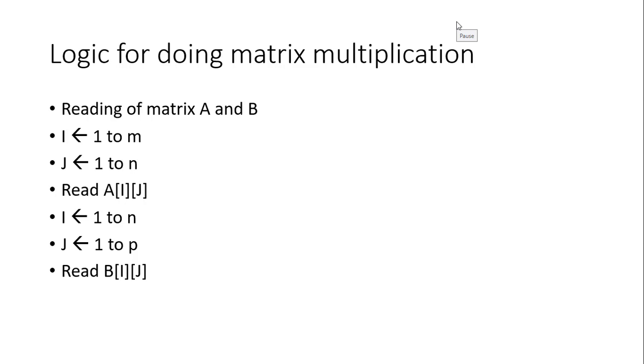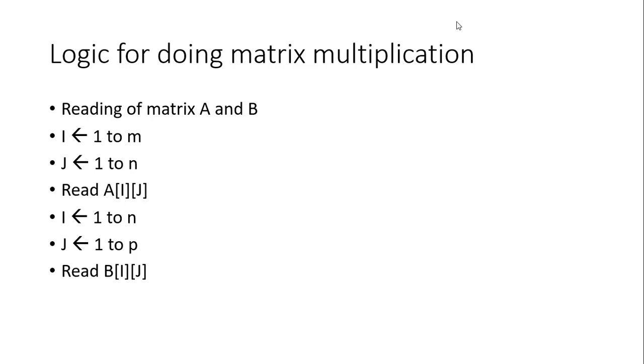The first loop with the index I is varying from 1 to m, where m is the total number of rows on the first matrix A, and the next loop J is varying from 1 to n, where n is the total number of columns on the first matrix A. So within that loop range, each value of A is read out one by one.